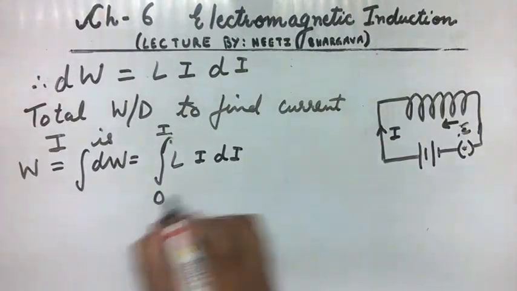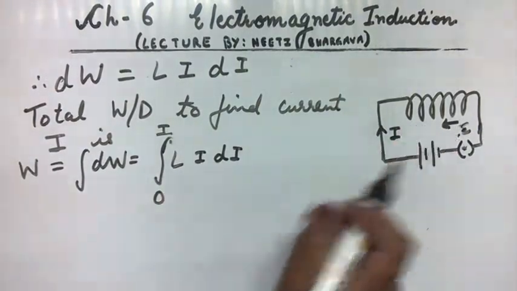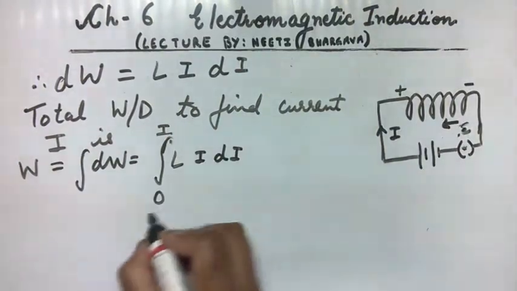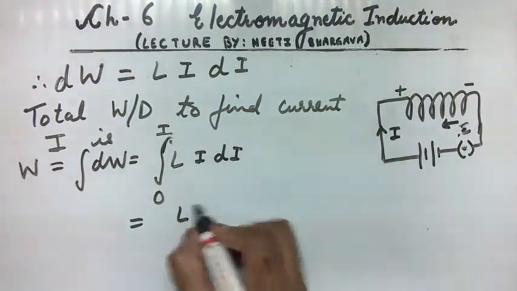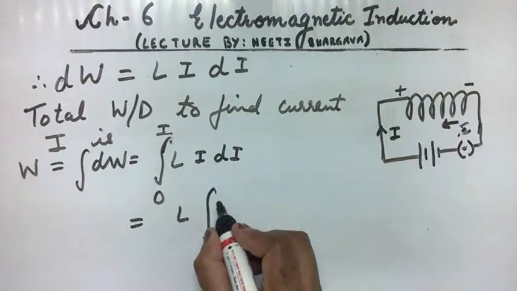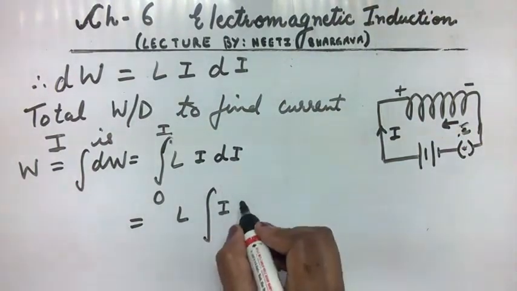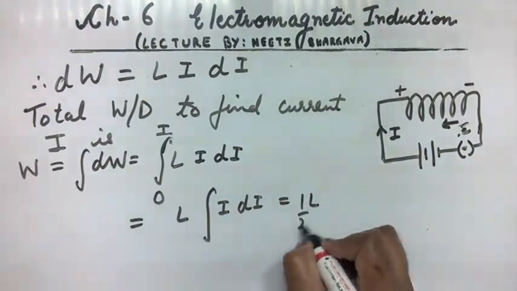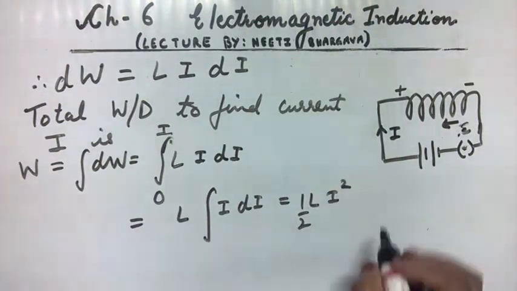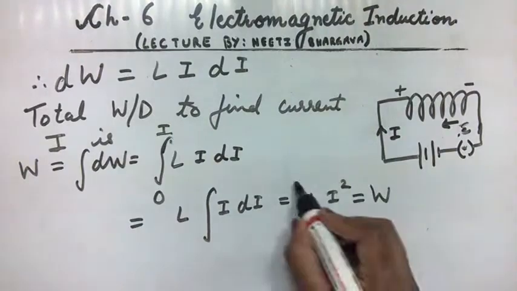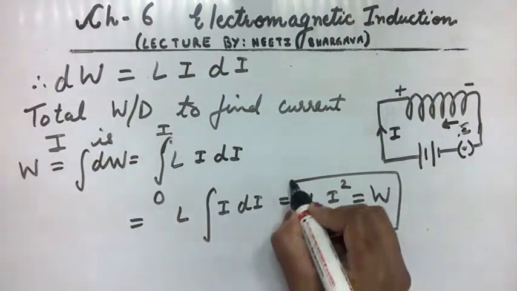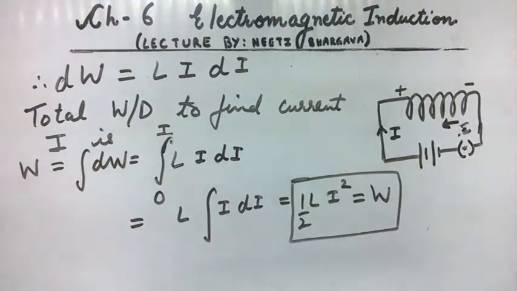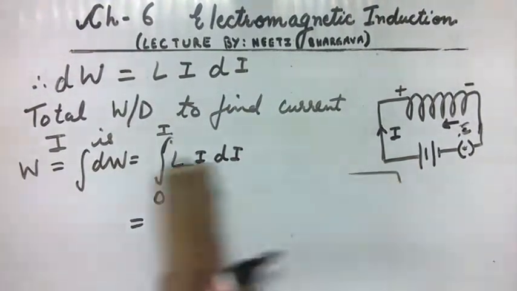L is constant for a given inductor, and therefore we will take it out and we get the integration of I di equal to I square by 2. This is the total work done to establish current against back EMF, and this work done is stored in the form of potential energy.